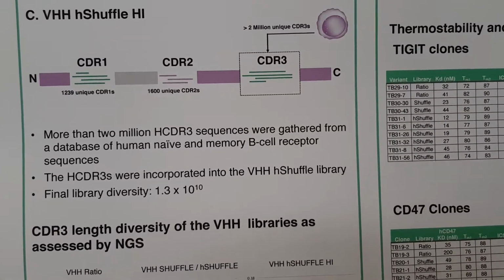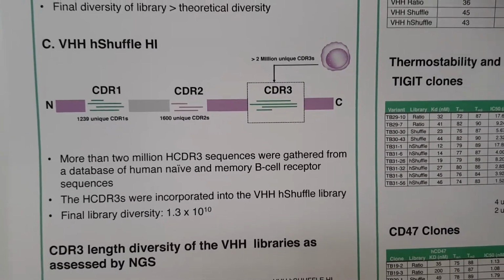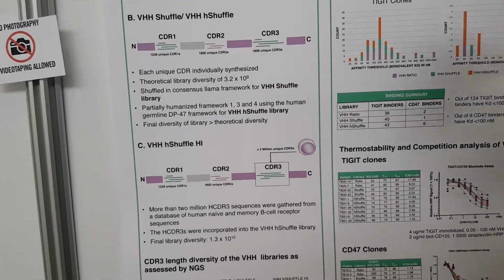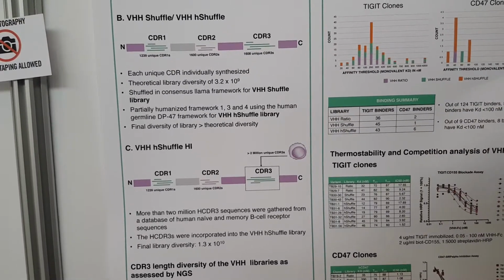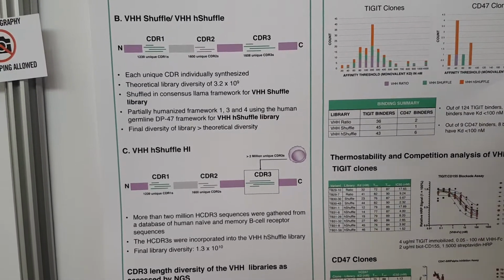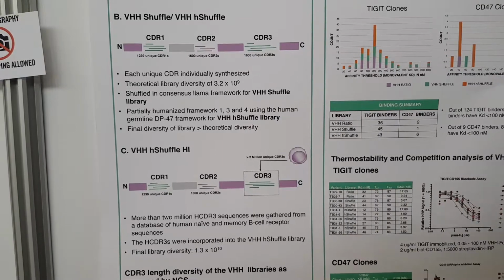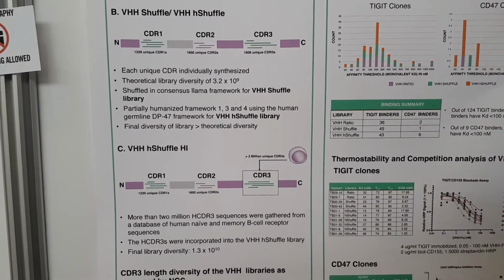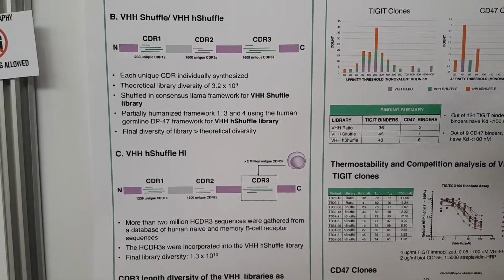a llama consensus framework. In this approach, we took the same database that we had used to build the VHH ratio library, and we grouped all the CDR1s in these antibodies, all the CDR2s, and all the CDR3s. Then we shuffled the CDRs.